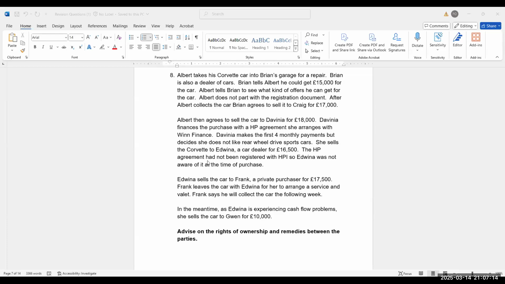Now, if we look at this from the hire purchase agreement, which was not paid off before that sale, Frank still seems to have acquired good title because it comes under the exception of Section 27. He's a private purchaser going by Section 29 of the Hire Purchase Act, so he's able to get good title. Remember, the CRA does not make clear if the nemo dat rules limit the availability of the statutory right to reject under Section 17.